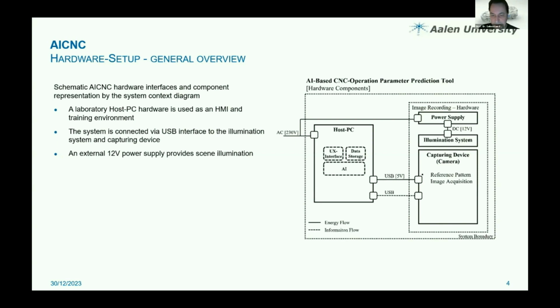Interconnected to this host, there is then our assessment system. In general, it's a simple camera and some illumination system, so we have a kind of equal illumination to each part.